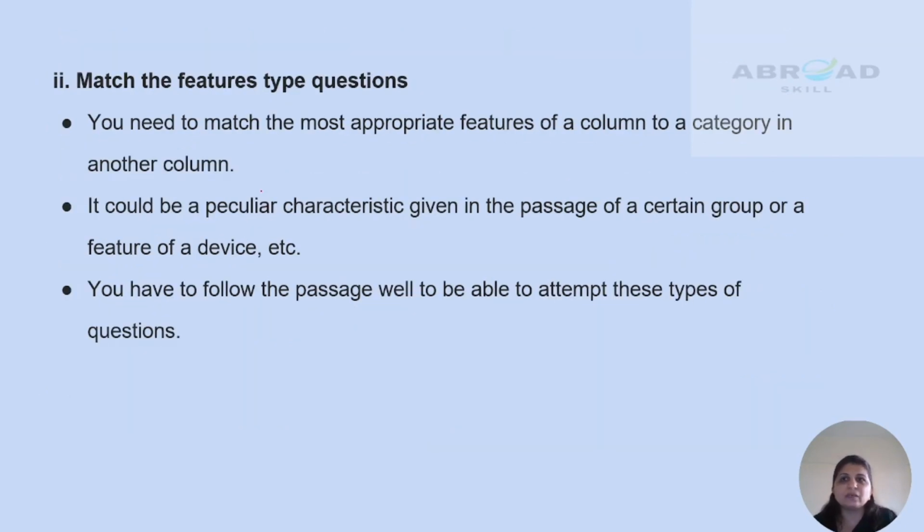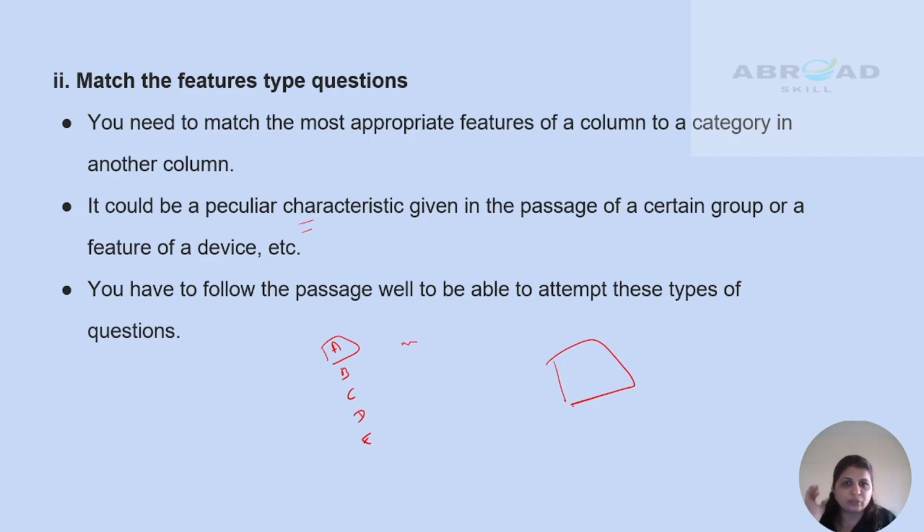Now the next type is match the features, wherein the most appropriate feature of the column is the category in the other column. All right. A peculiar characteristic is given in the passage for a certain group. So certain features will be mentioned, like the passage is divided into paragraphs A, B, C, D, E, and each paragraph will have a certain feature, and a list of features will be given in the questions.